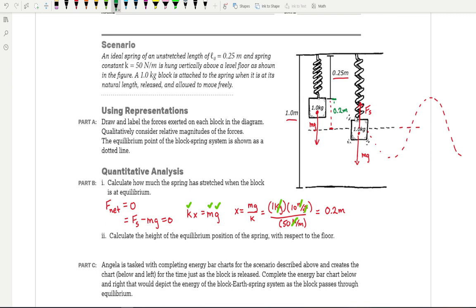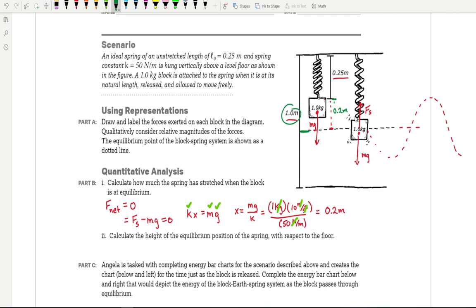Okay, so that is part 1 for part B. The next one says calculate the height of the equilibrium position of the spring with respect to the floor. I don't think that's too bad because we're just looking for the equilibrium position, which is right here along that dotted line. So the only thing we have to do is take our 1 meter and subtract out the distances that are given to us and that we figured out.